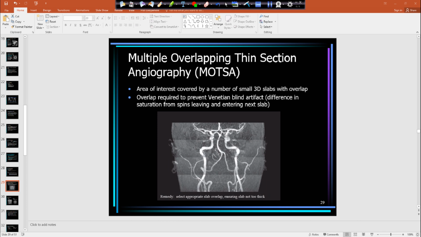It's what we call Venetian blind artifact. And you guys have Venetian blinds in your house, right? They look just like these. Doesn't that look like that? It's a Venetian blind artifact. This is where the patient has moved, or we don't have enough space between the slabs.